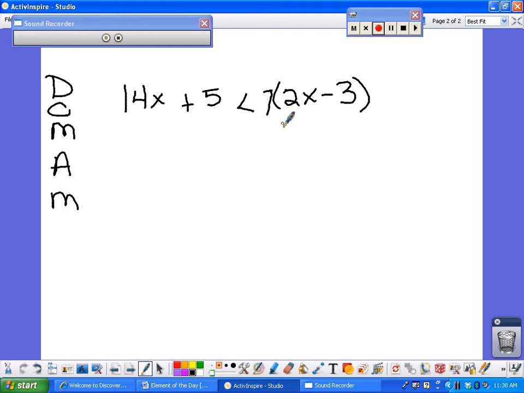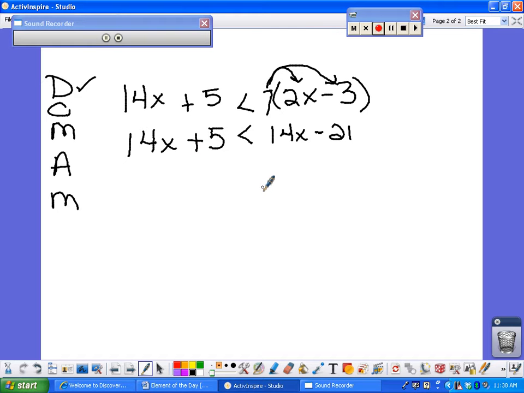Okay, so let's go ahead and distribute first. So I'm going to take this 7 and multiply it in here. And 7 times 2 gives me 14x. Then 7 times negative 3 is going to give me negative 21.